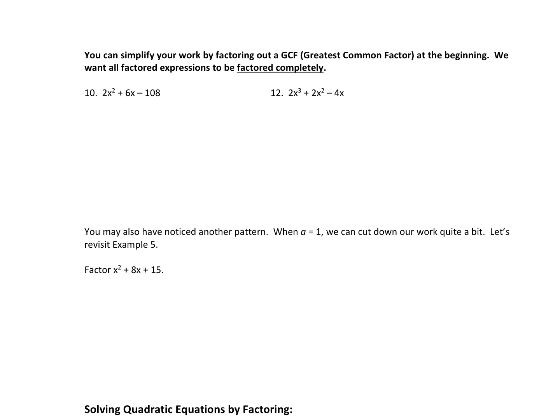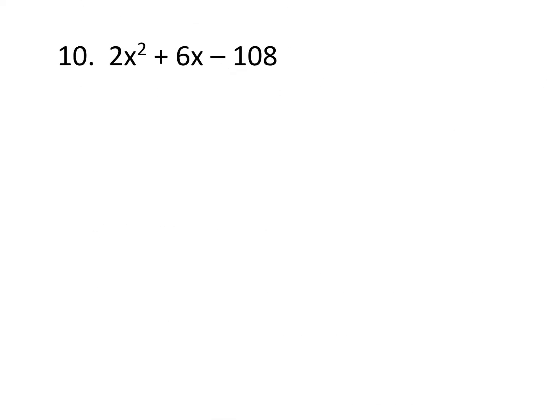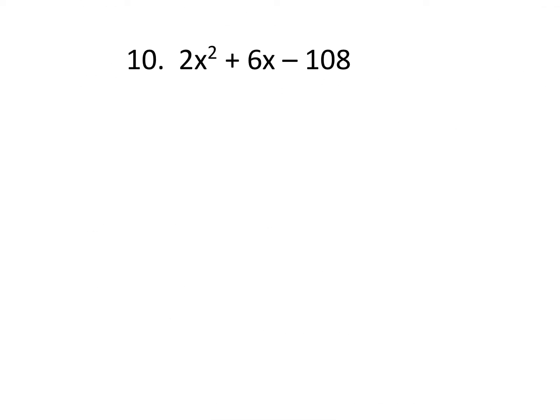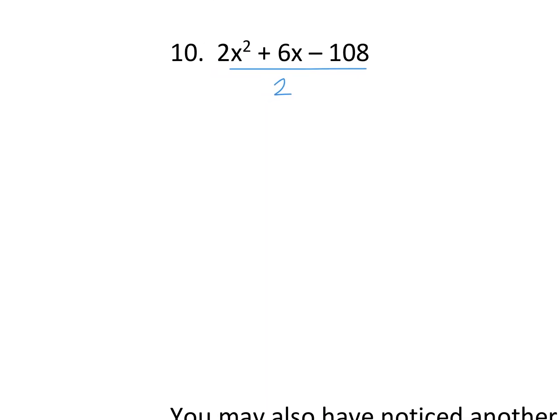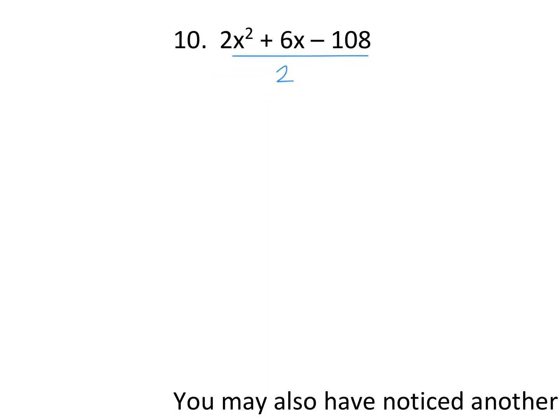And we like that. So on number 10, for example, you have 2, 6, and 108. What can all those numbers divide by? 2. So you would want to go ahead and divide by 2. Technically you're not allowed to do this to an expression, you can only do that to an equation, but I think it's the best way to show it. As soon as you do that, you need to remember that you have to add the 2 back in at the end.